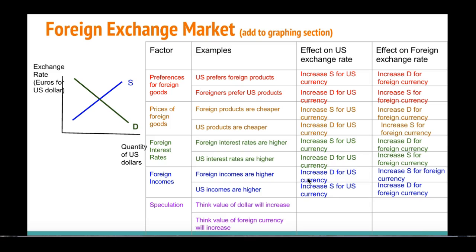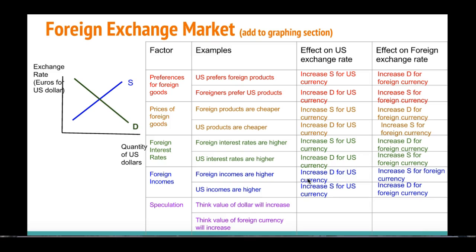All right, last one is speculation, and this is the speculation as far as those people that are using currency as an investment. I know this sounds weird, but rather than, for example, buying stocks and bonds and things like that, some people buy currency.